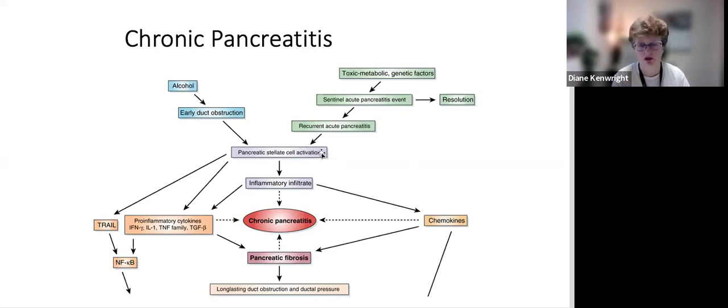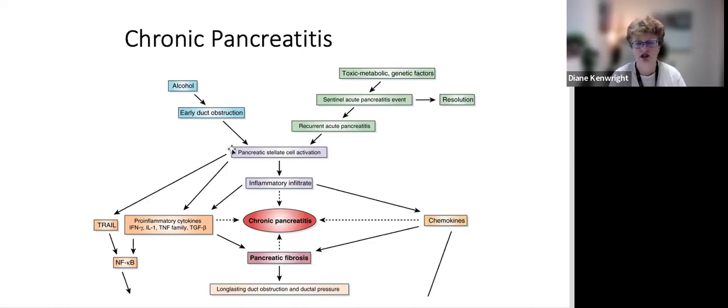They're kind of fibroblasts, right? So alcohol, early duct obstruction, fibroblast activation. Chronic pancreatitis can also be caused by multiple acute pancreatitises and other toxic things. The end of the pathway is still the pancreatic stellate cell activation, the fibroblasts.